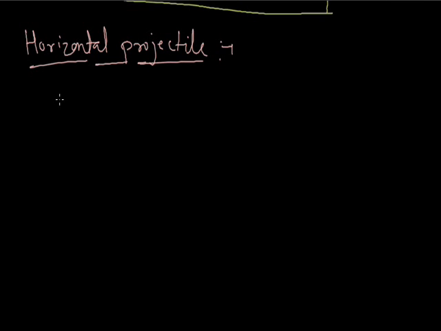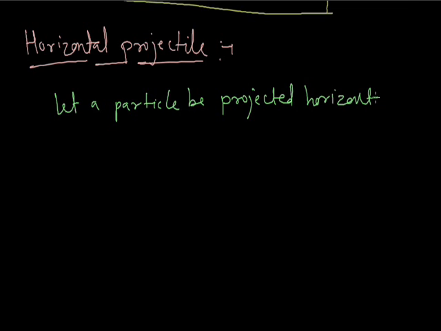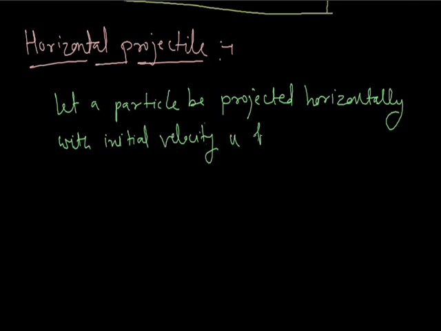Now we will study the horizontal projectile. Let a particle be projected horizontally with initial velocity u from height h.